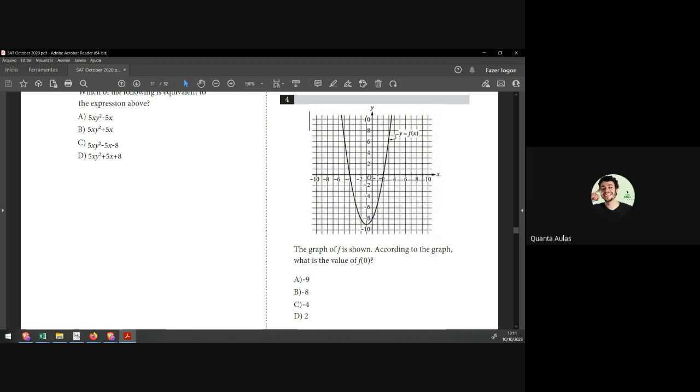6, 4, 2, 0. 0 is here. But where the graph is at x equals 0, the graph is here. So at this point, the value of the function is -8, right? Yeah. So the answer is B, right?